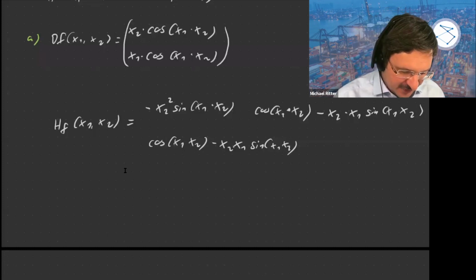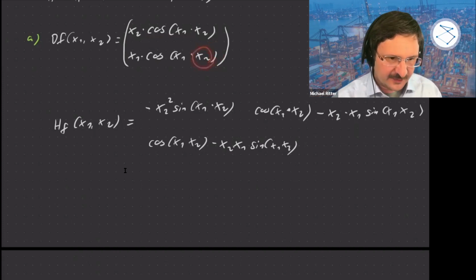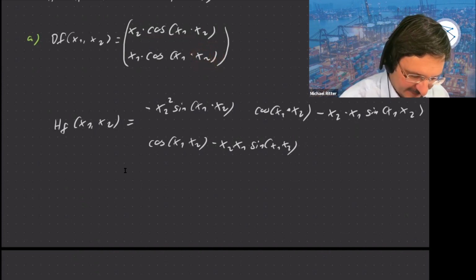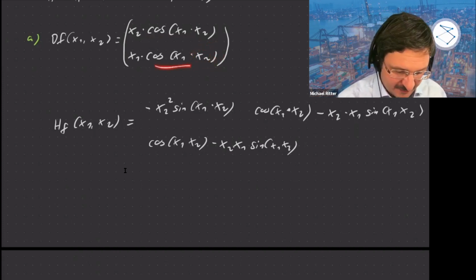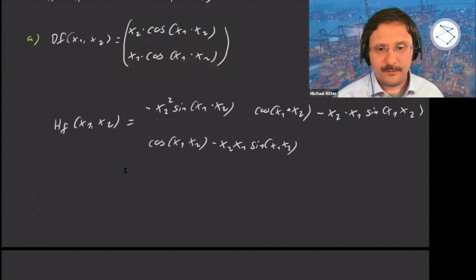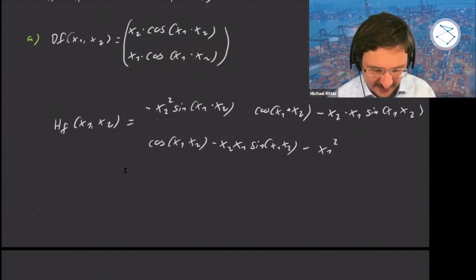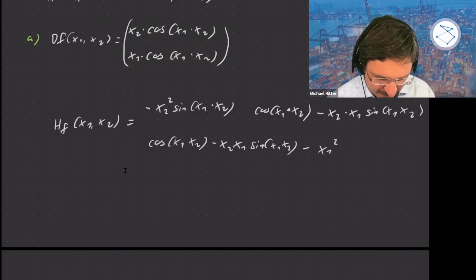And differentiating that with respect to x2, well, x2 only appears in this one here. So what we get is minus the sine times x1. And again, we differentiate the inner function with respect to x2. That yields another x1. So we get x1 minus x1 squared sine of x1, x2.